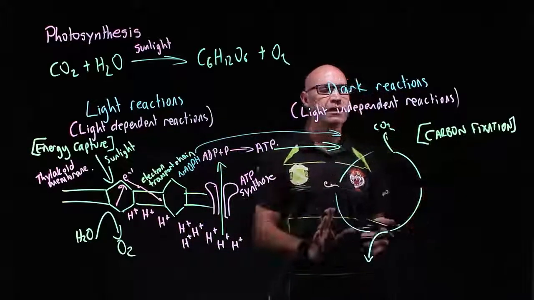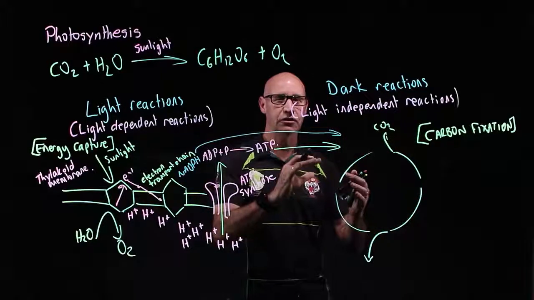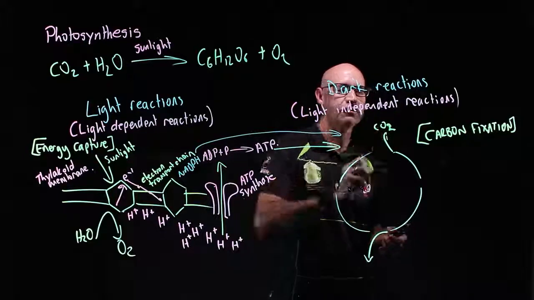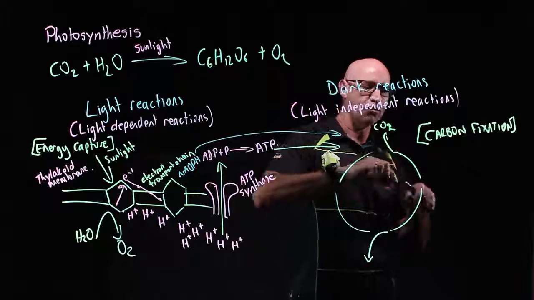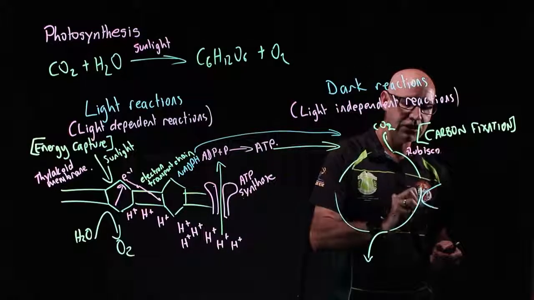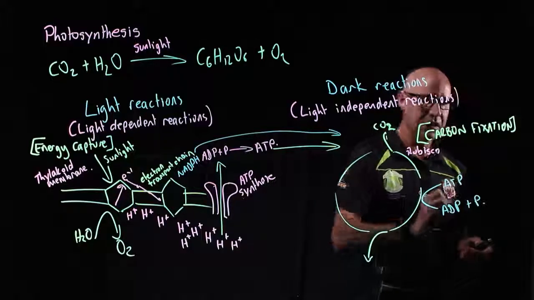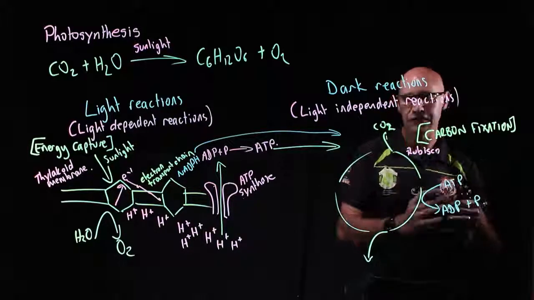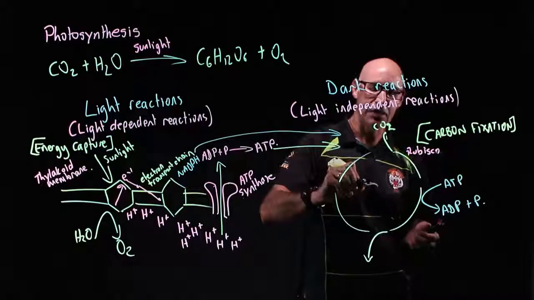The light independent reactions occur in the stroma, the liquid inside the chloroplast, and the raw ingredient for it is carbon dioxide. It requires the presence of an enzyme called rubisco, and along the way we have energy inputs from ATP, which then becomes ADP and inorganic phosphate, and that energy is used to drive the reactions of the Calvin cycle.